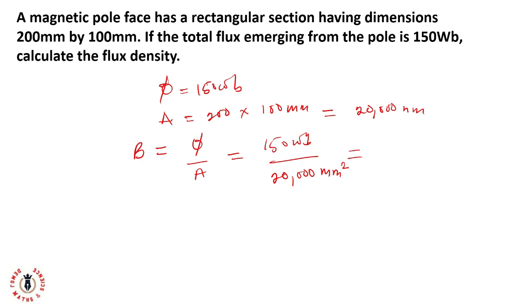And so this is equal to, 150 cancels with 1. So I have 2 here, I'll be left with 1,000. 2 in 15 will be 7.5. So I'll leave this as 7.5 times 10 raised to the power minus 3 Weber per millimeter squared. So we're leaving our measurement in millimeter squared and we're stating it out.